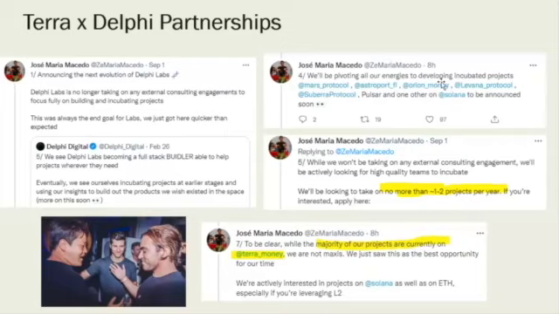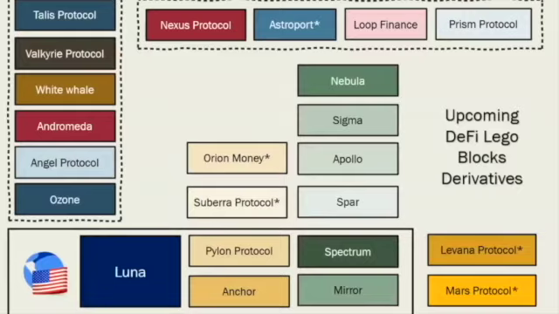So they are spending a lot of their resources and energy and manpower building dApps on the Terra ecosystem. Right, and yeah, so Terra has a very close partnership with Delphi. They are working very closely with the team.